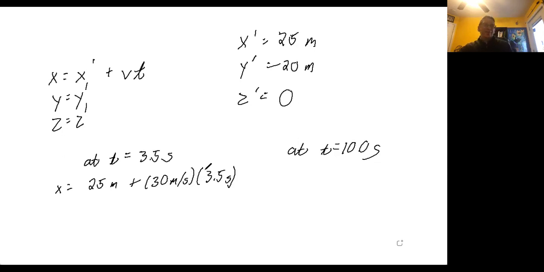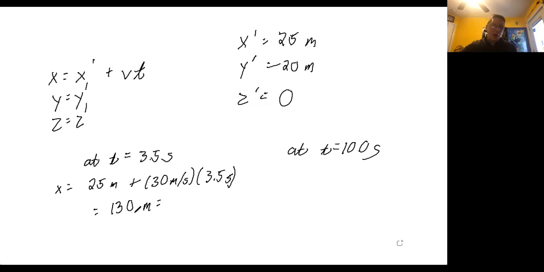And so that becomes basically 110 when you round up. And well, you have 105 and you have 25, so you can write it as 130 meters.